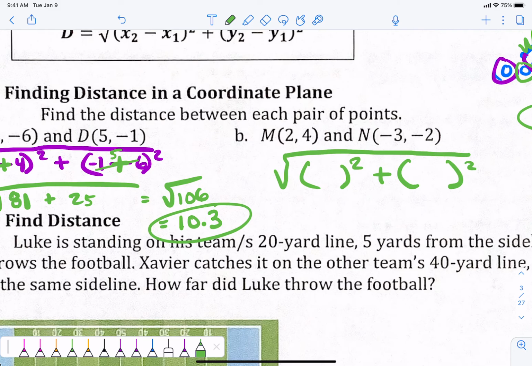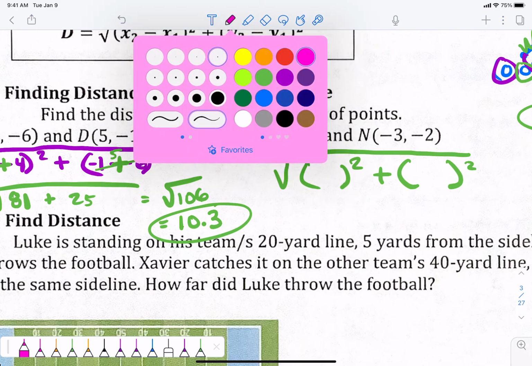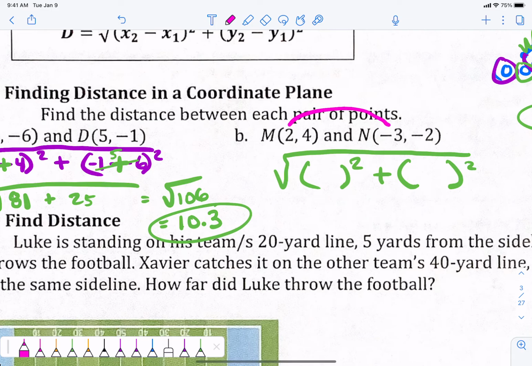All you have to do is look at the x coordinates, and I say to myself, looking at 2 and negative 3, how far apart, like on a number line, would 2 and negative 3 be? There'll be 5 units apart. Now, maybe it's a negative 5, but we don't care because negative 5 squared is going to be the same as positive 5 squared. Does that make sense? It's going to be 25 no matter what, right? So we just kind of did a shortcut because we did some of that in our head, right?